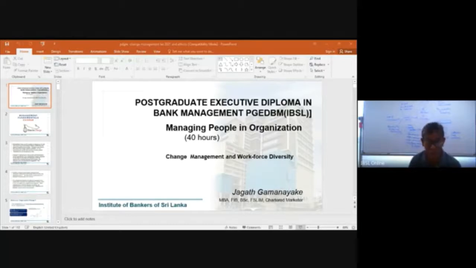Having understood all these issues, convey the positive effects, then implement the change in an effective manner. We discussed that change should be made permanent. Otherwise, there is a possibility that people might revert to the pre-change position, right?